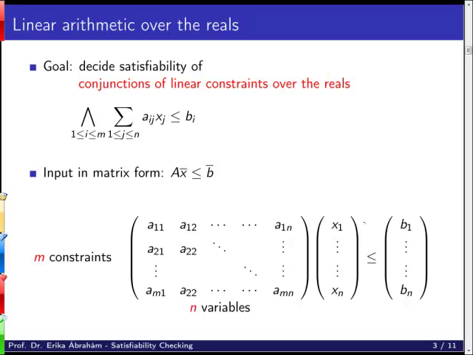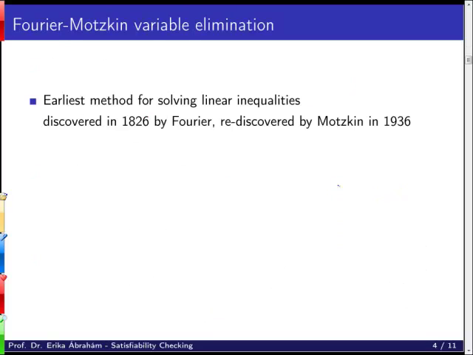So I can write my problem in the form AX less or equal B. The earliest method for solving such linear inequalities goes back already to 1826. It was discovered by Fourier and also later discovered or reformulated by Motzkin. That's why it is called the Fourier-Motzkin variable elimination.